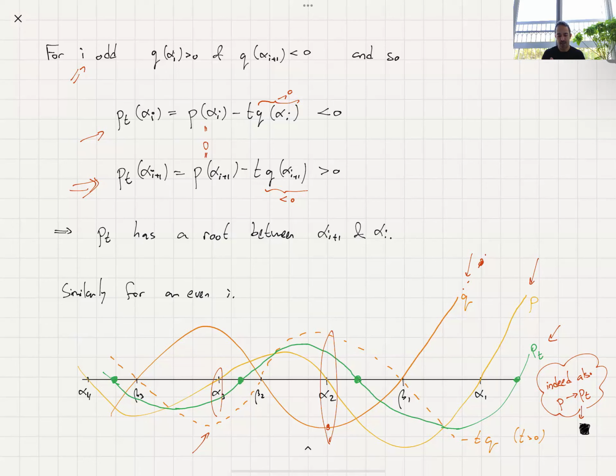That was for an odd I, but of course it's the same for even I. And so all in all, you found n minus 1 other roots on top of the first one that you found. So you found n real roots of a polynomial of degree n. This just means that the polynomial is real rooted.